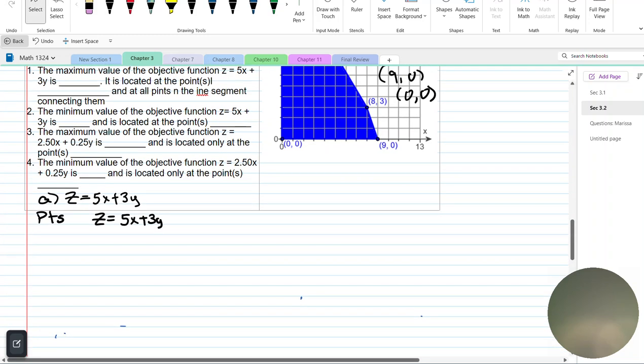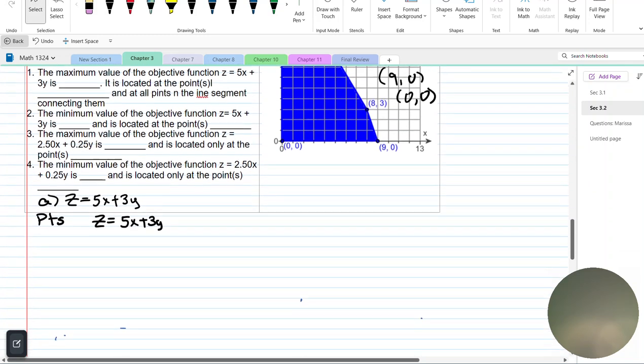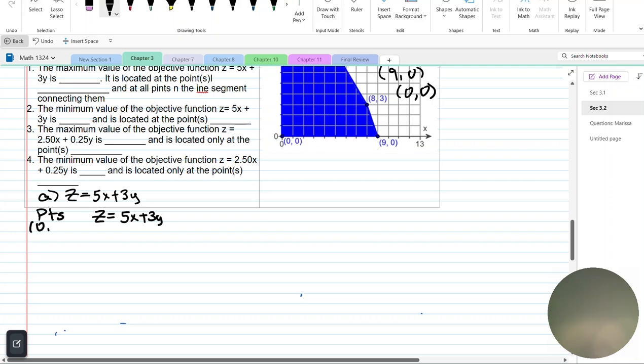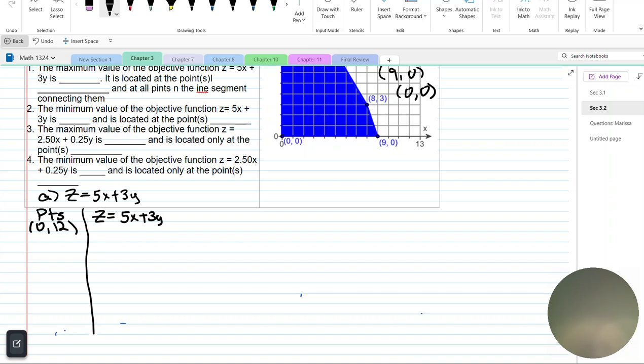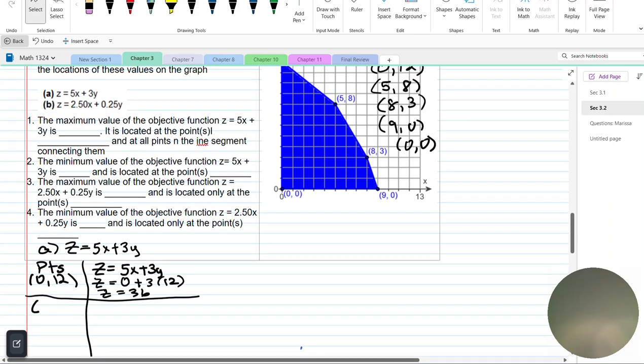All right, here we go. 0, 12. So I'm going to have 0 plus 3 times 12. Z equals 36. That's that one. Then I'm going to do 5 and 8.